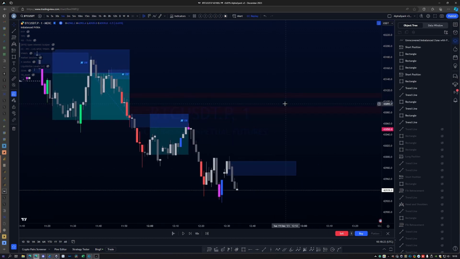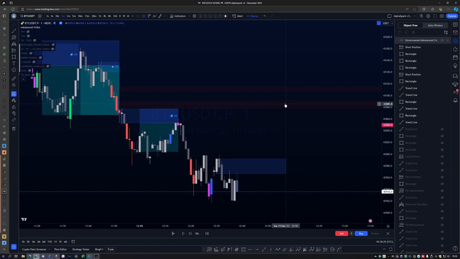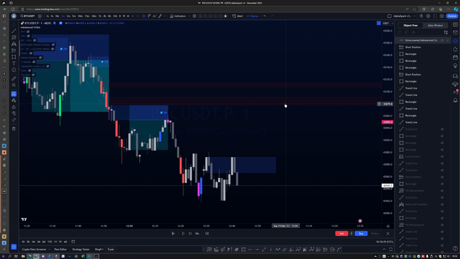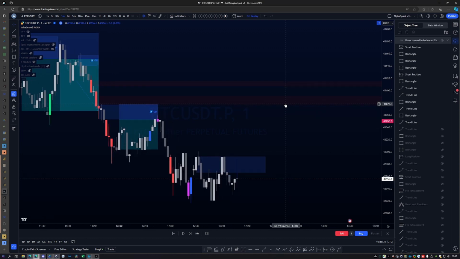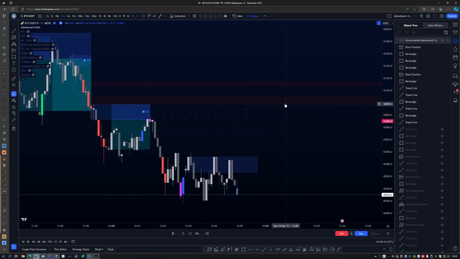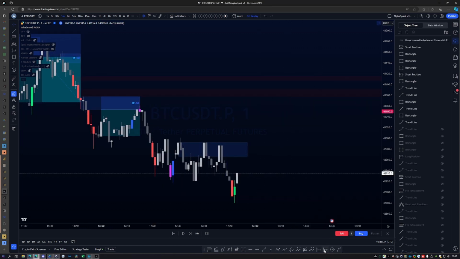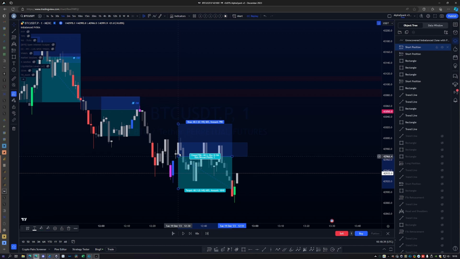I don't know if we're going to retrace back to this guy. It seems it's wanting to start to move. Okay. But again, the same logic. I'm not using the block as a stop loss.